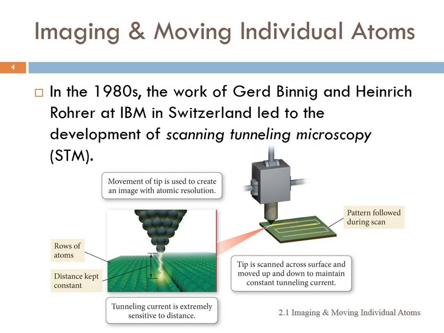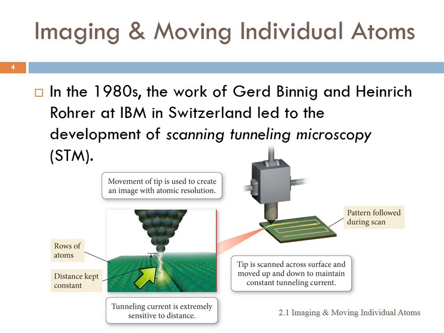So scanning tunneling microscopy. It's a very interesting technique. So we have this tip which conducts electricity, and then we have the surface that we're trying to look at. And the way this instrument works is there is a current called the tunneling current that goes between the tip that's imaging the surface and the surface.